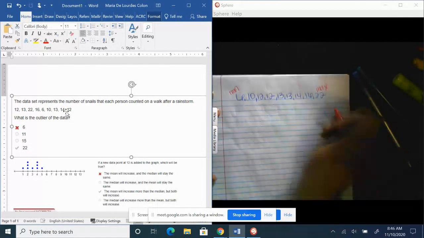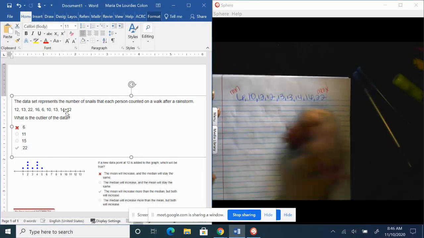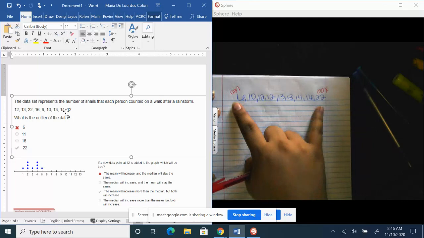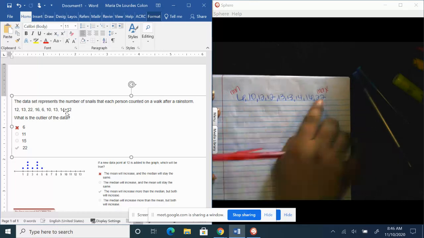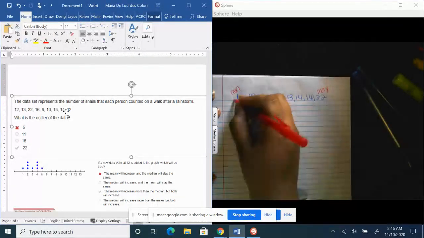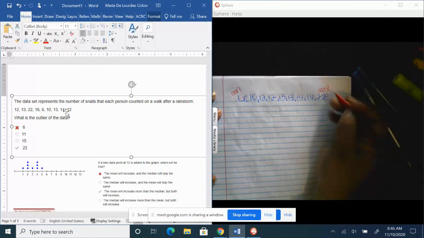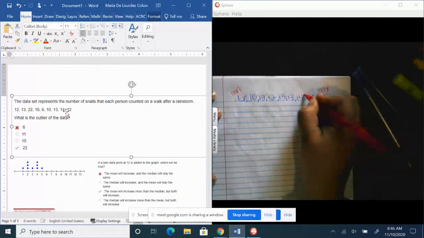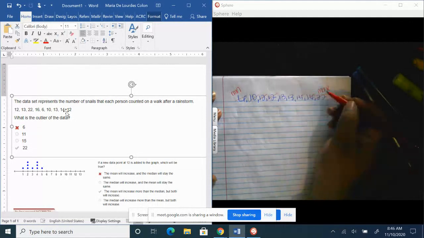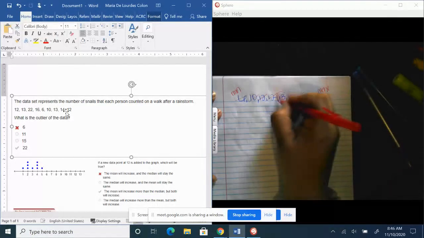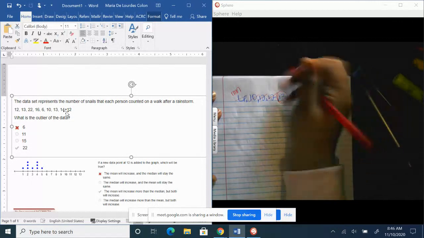Then here we find our median. Median is that middle number. One of the ways to do that is by crossing off or counting into the middle. So 6 and 22 coming in from the ends, 10 and 16, 12 and 14, 12 and 13. Our median then is 13.